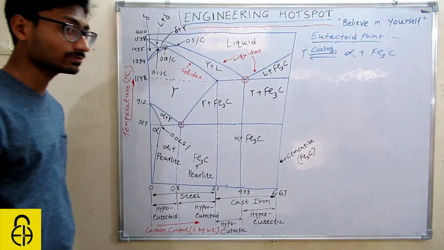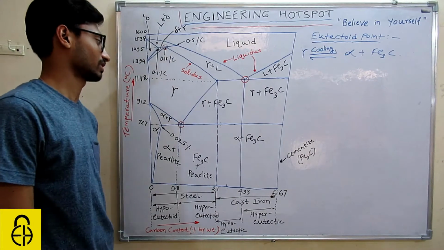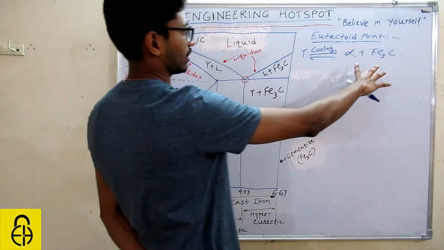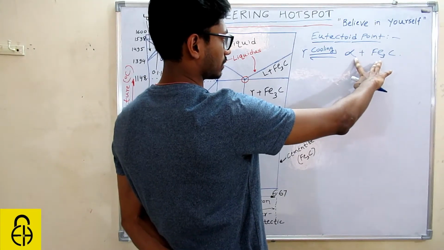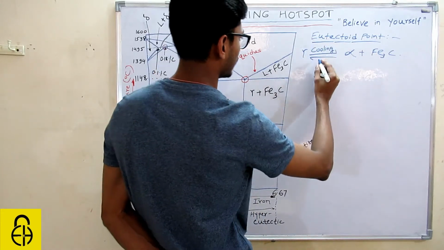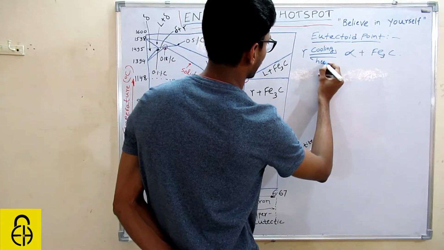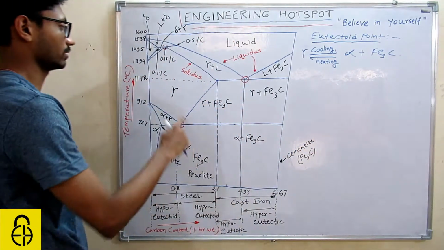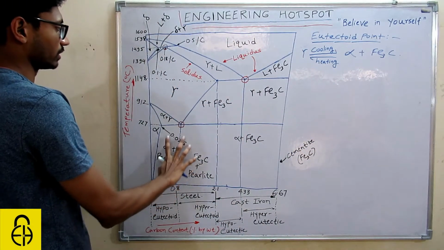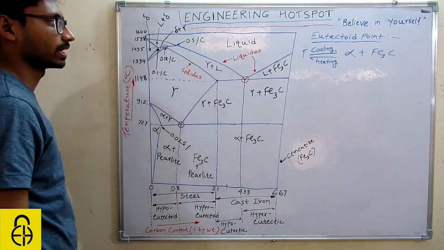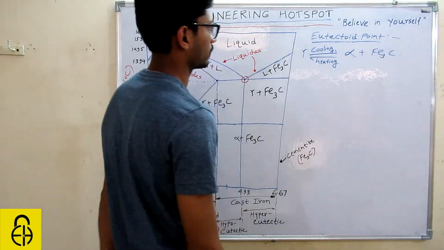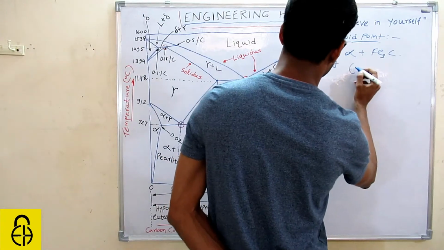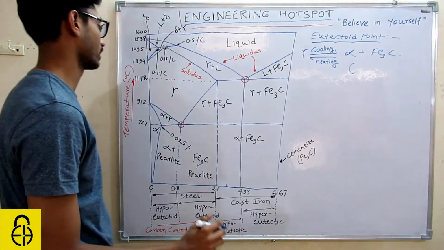But this is also a reverse reaction. If you have this part and you heat it, you will get gamma iron. On heating you will get gamma iron. So what will be the conditions for that?